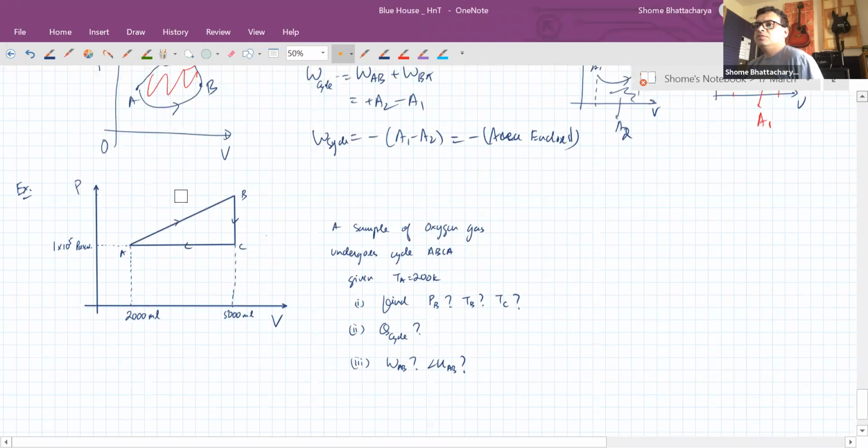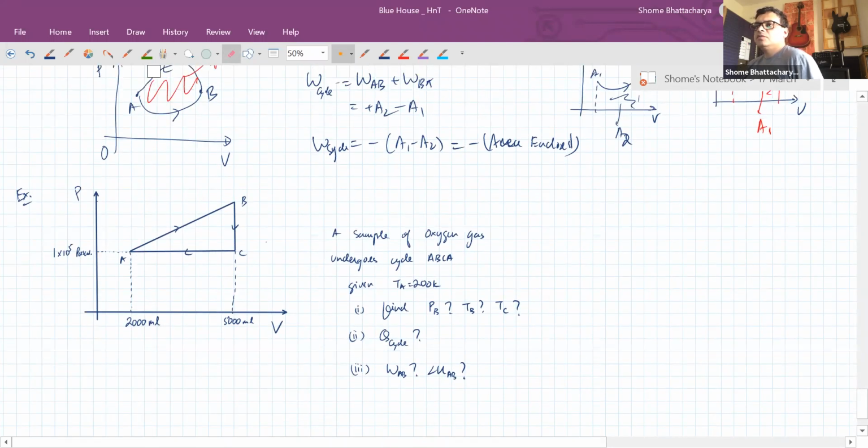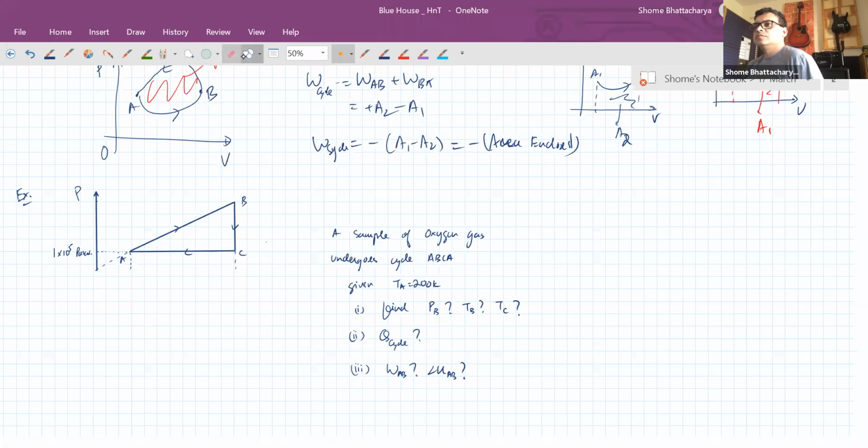But without that assumption, we cannot solve the problem. So the graph drawn should actually reflect the fact that it's passing through the origin. Then only we can make the assumption.